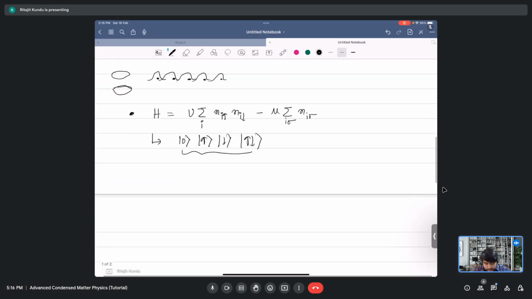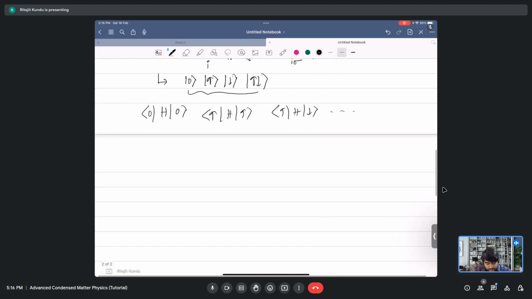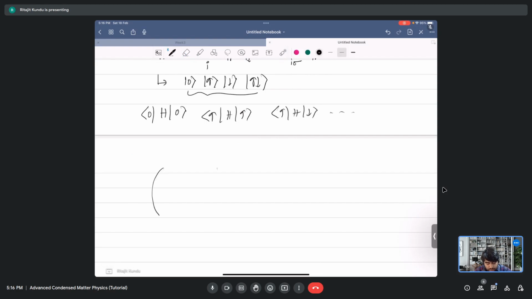You can calculate all of these matrix elements, like h 0 0, h up up, h down down, h down up, and so on. Then you can write this in a 4x4 matrix form in that basis, which makes it easier to find the eigenvalues.